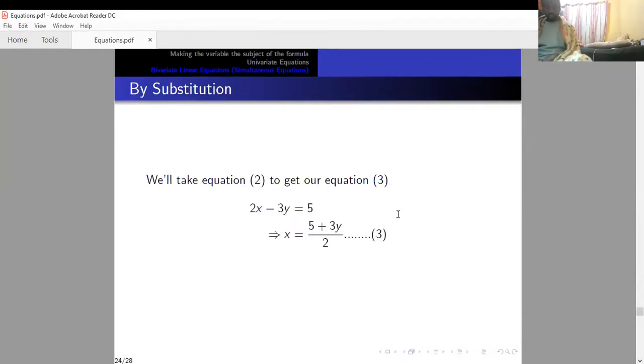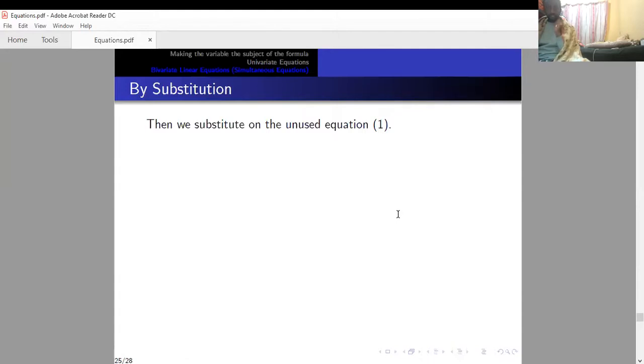So this is equation 2. This then becomes equation 3. And then we substitute into the unused equation. If you use equation 2 to make 3, then it means 1 has not been used. That means we take 3 and substitute into 1, which has not been used, because if we substitute into 2, we'll get 0 equal to 0, which takes us nowhere.